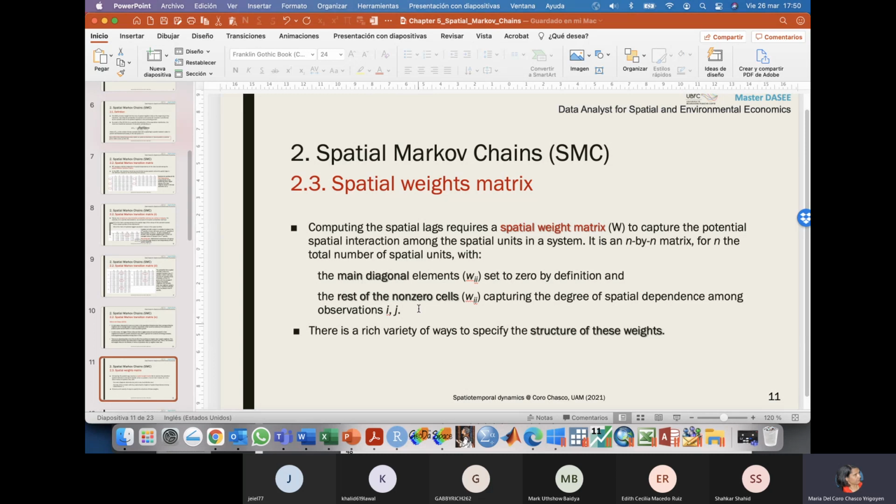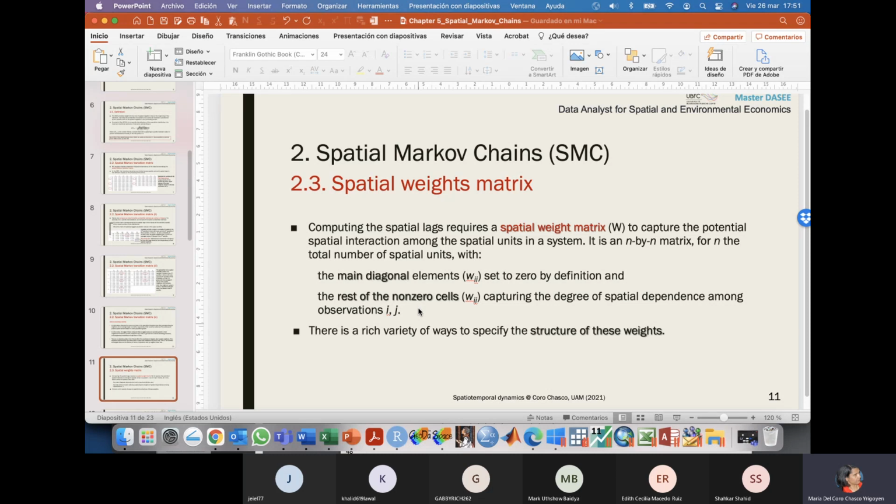As you know, many times we set only ones and zeros. So you are my neighbor, and no matter if you are very much a neighbor or only a neighbor, and you are not my neighbor. Well, many, many times, these spatial weight matrices work very well. So they are not as nonsensical as many people say.